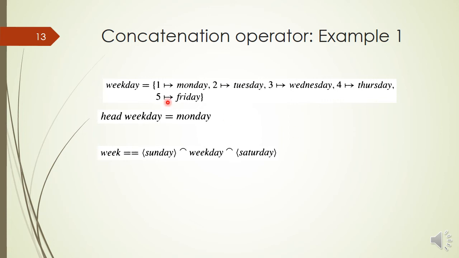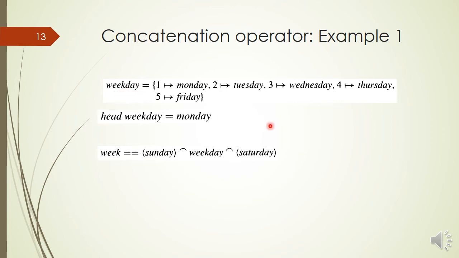For example, you have a sequence weekday containing 5 elements with the order given in a set, and you can get the head value for sequence weekday. You can apply the head operator on sequence weekday, and you will get the first value of the sequence, which is Monday. Students, you can also get this value by passing index 1 in that sequence.